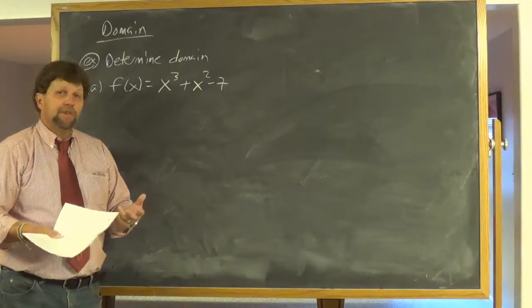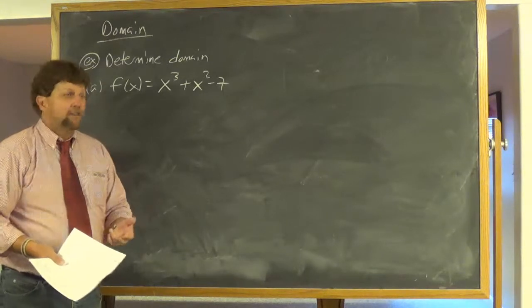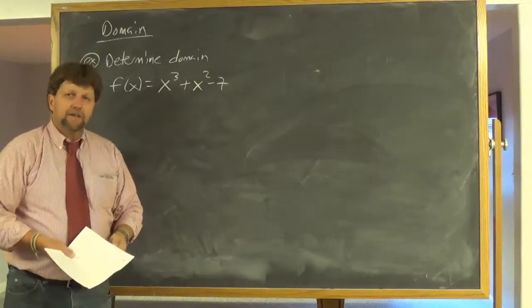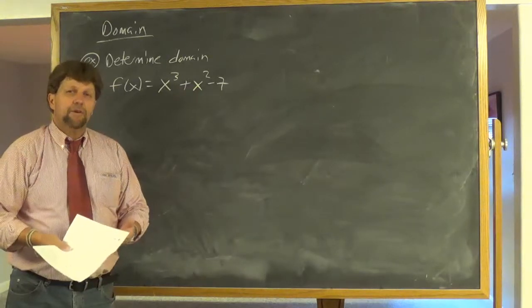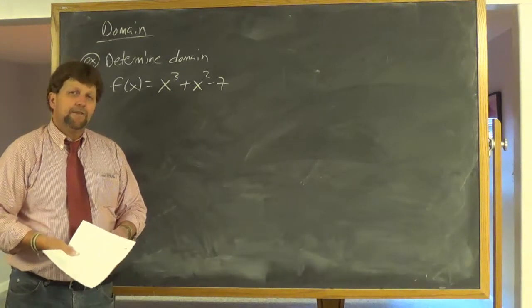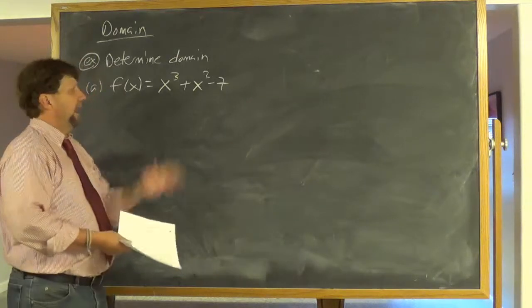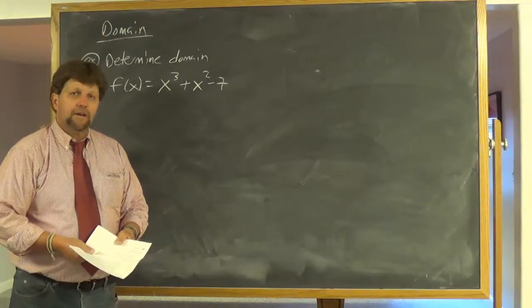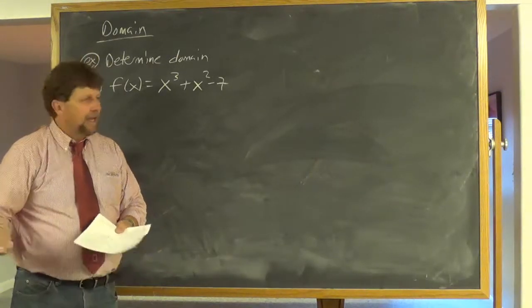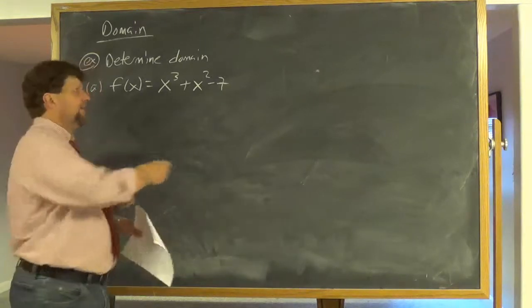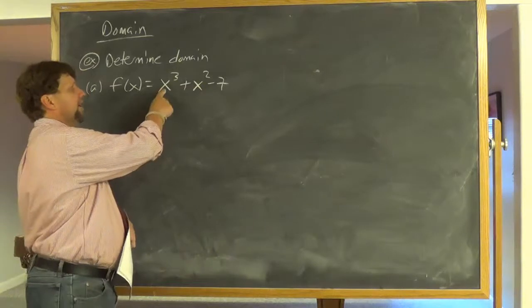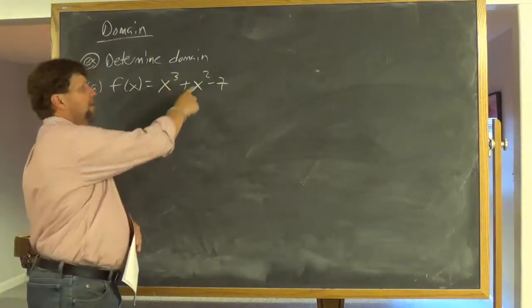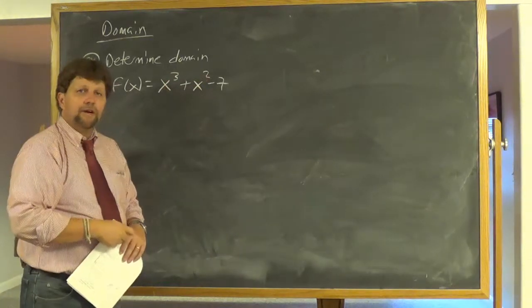I'm not going to end up with 0 in a denominator of a fraction because I don't even see a fraction here. I'm not going to end up with a negative number under an even indexed radical because I don't see a radical here. So nothing bad can happen. Any number I can think of can go in for x and be cubed, or in for x and be squared.